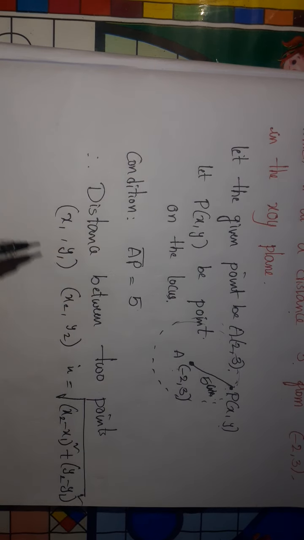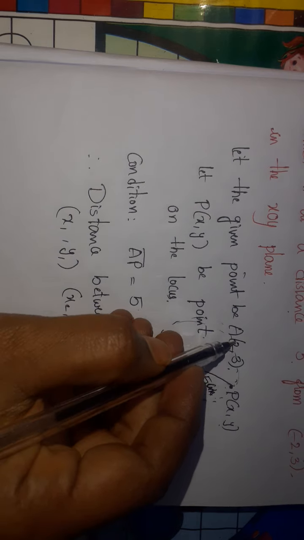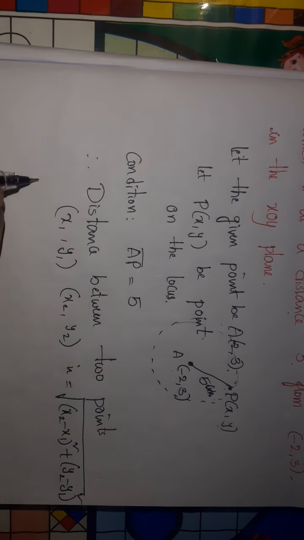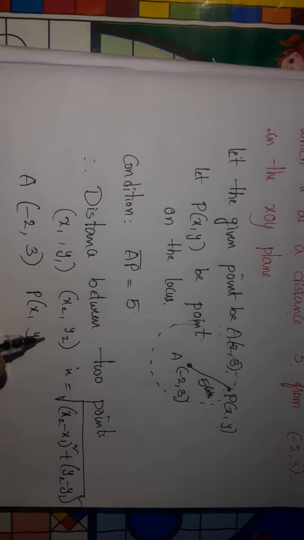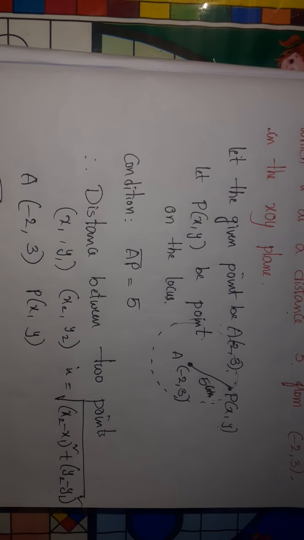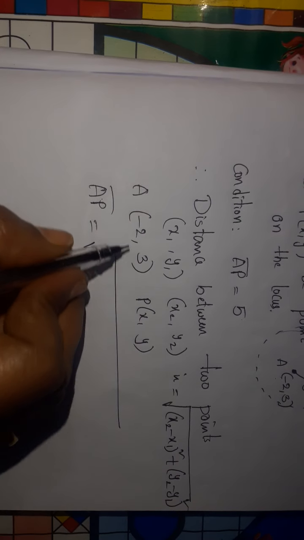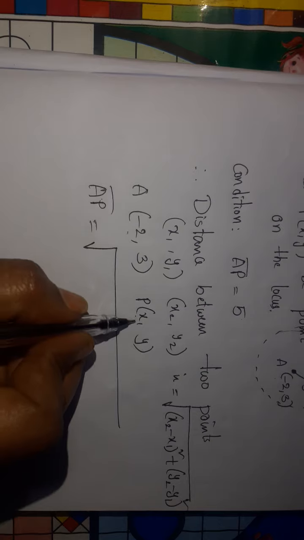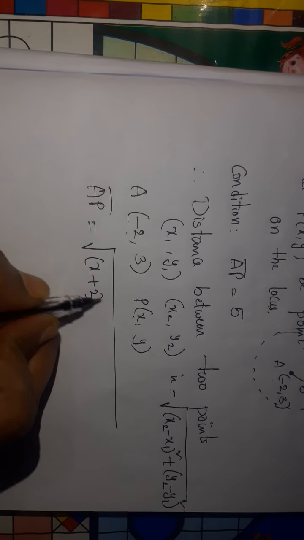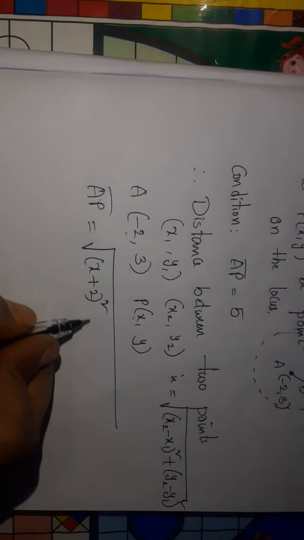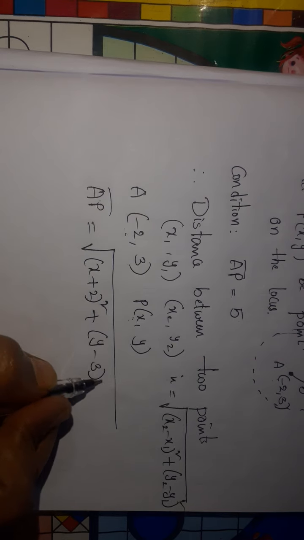So here A is (-2, 3), and P is (x, y). Let us substitute here. AP is equal to the square root of the difference of x coordinates, x minus (-2), that is (x plus 2) whole square, plus y minus 3 whole square.